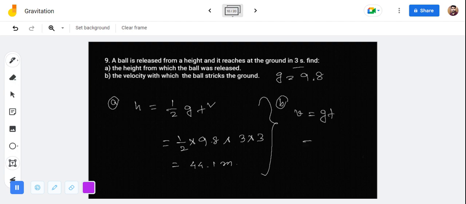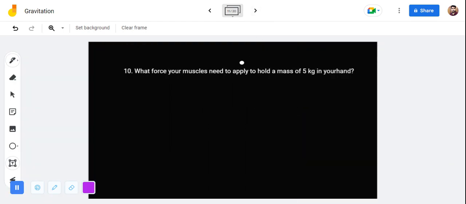Now put the value, g is 9.8 and t is 3. You will get the result, 29.4 meter per second. Now to the last question of today.